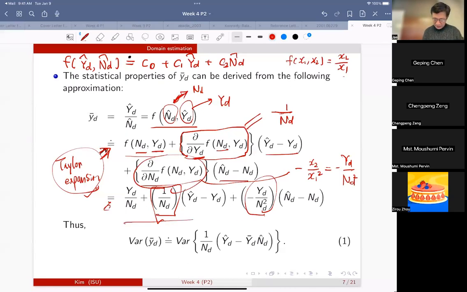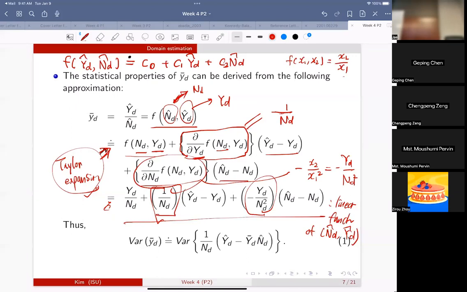So this is indeed a linear function of the two random variables, N hat d and Y hat d. Is the partial derivative only the first order? Yes, it is first order.